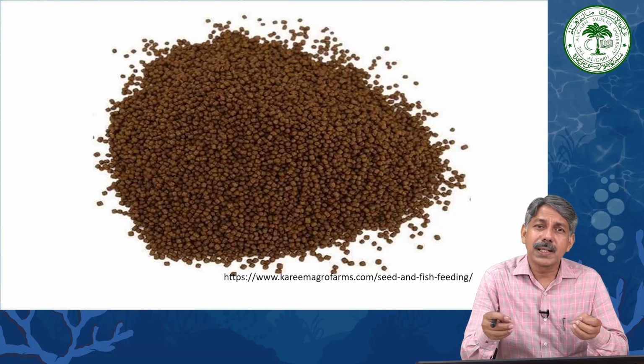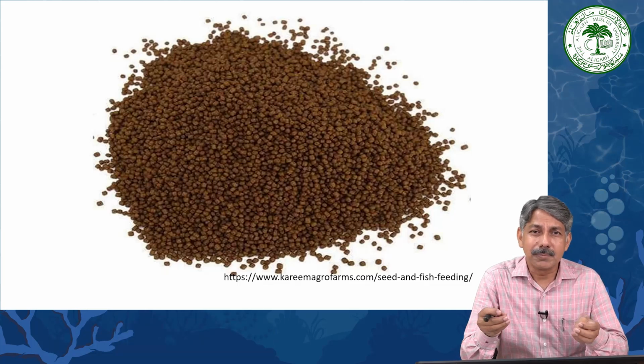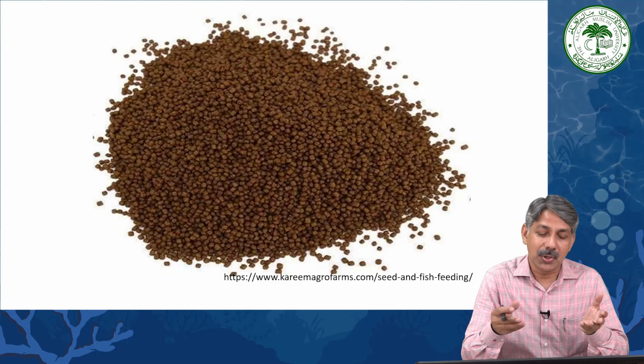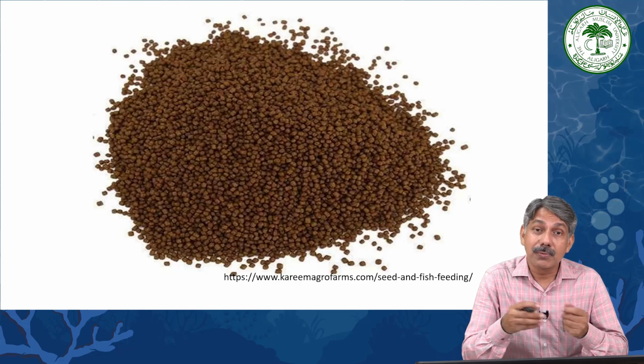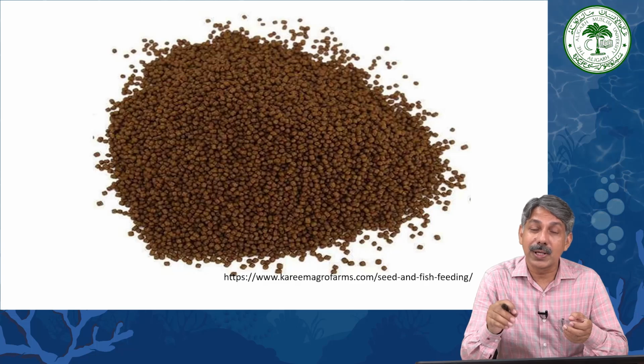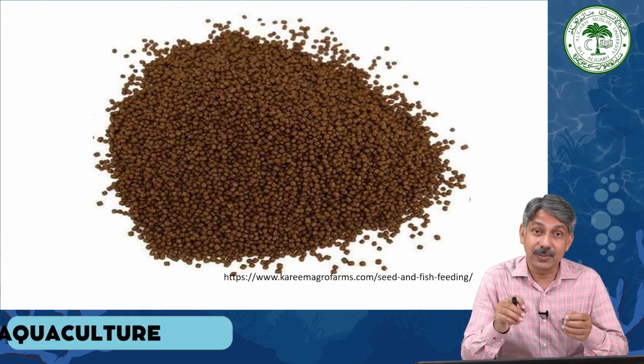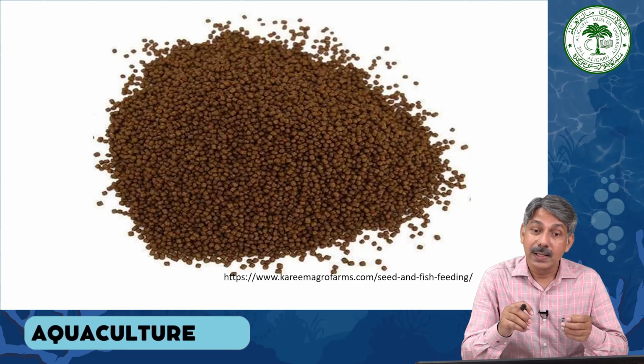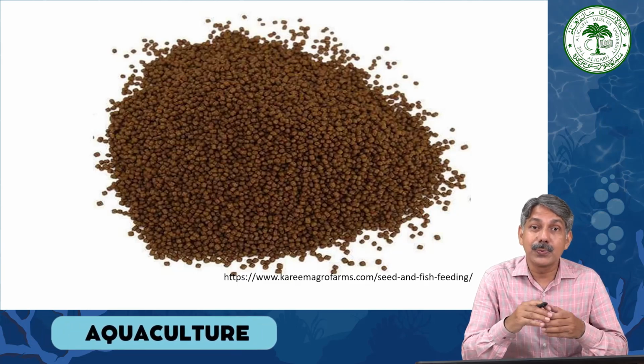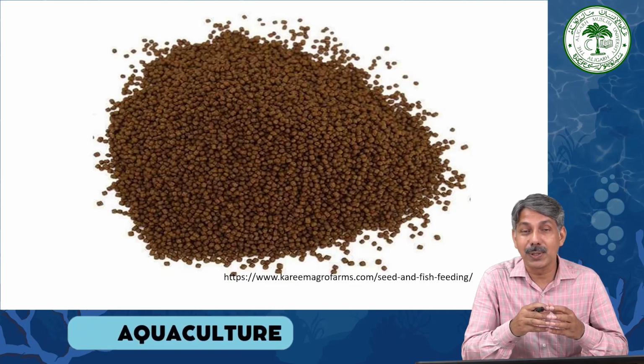If you have to make small balls, maybe semi-solid, you can do that. Or if you have to go for making somewhat bigger balls or keeping it in trays, you can go for that also. But for everything other than spraying, you will have to take care of nutrient leaching also. And that is why these pelleted foods from different companies have become popular.